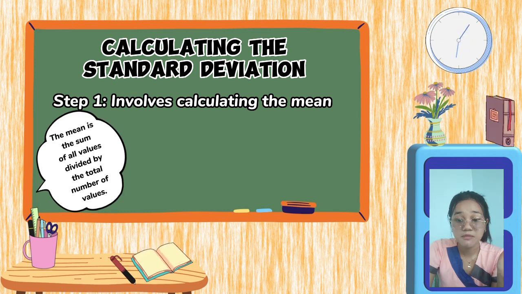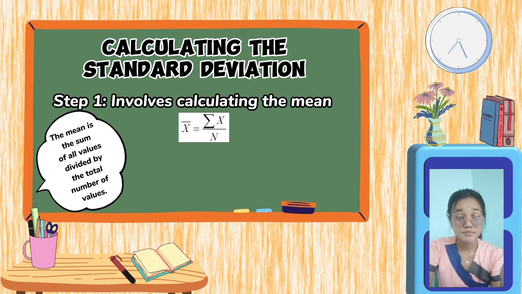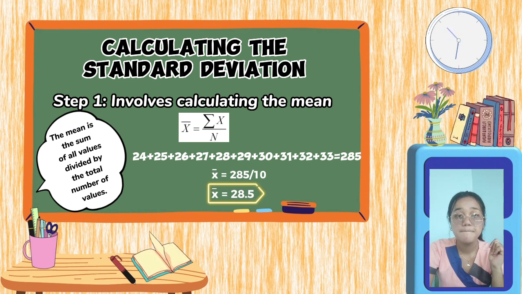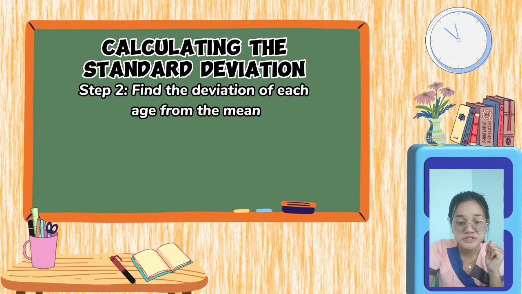The mean is the sum of all values divided by the total number of values. For this data set, the sum of all ages is equal to 285. And since there are 10 individuals, the mean is equal to 285 divided by 10, which is 28.5.